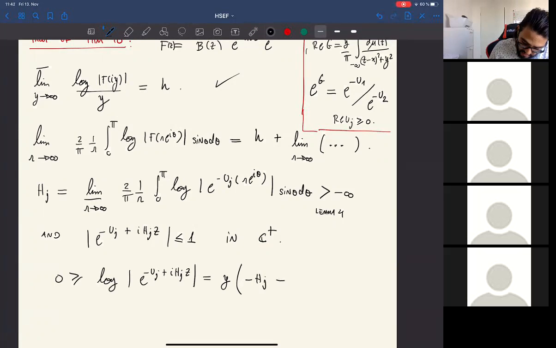Recall that h_j is less or equal than 0, so this is a positive thing, greater or equal than 0, times 1 over pi, integral from minus infinity to infinity. I'm just taking the log of this inequality above and isolating y.